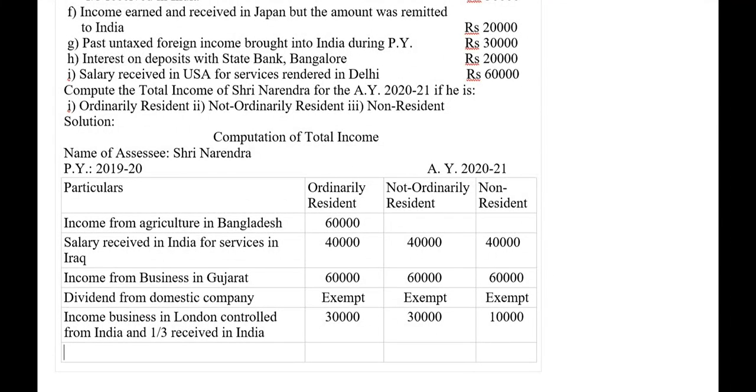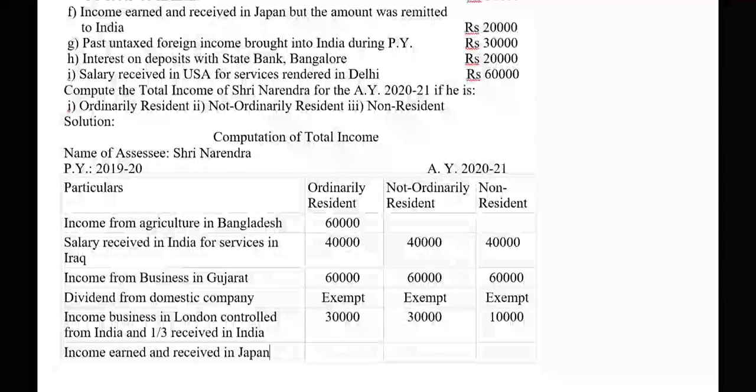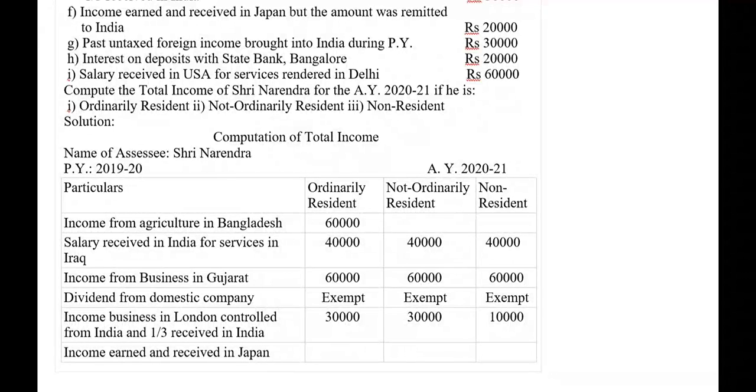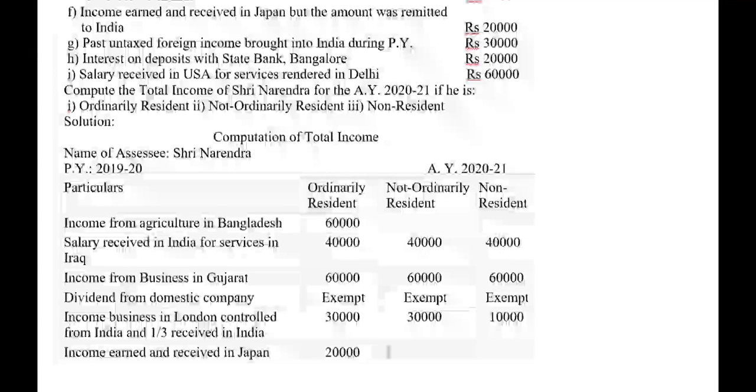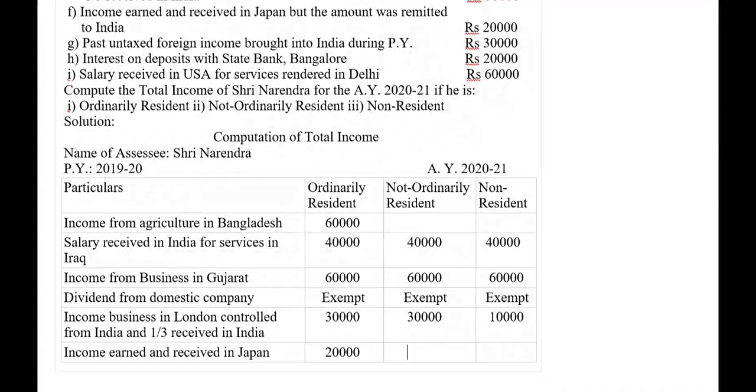Then the next one, income earned and received in Japan. This is a foreign income, so taxable only in the hands of an ordinarily resident: 20,000, and here it is nil.